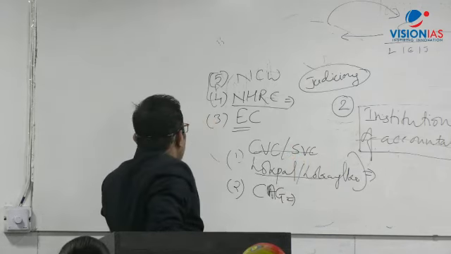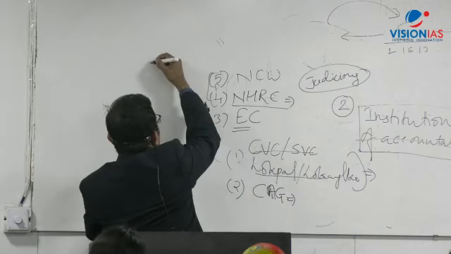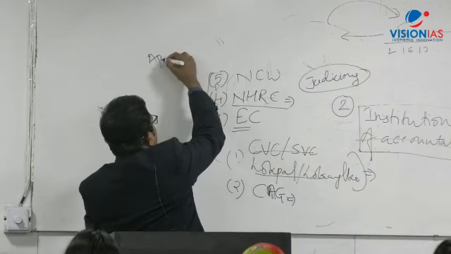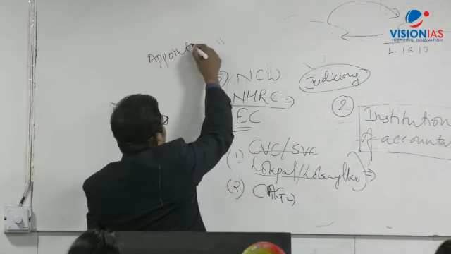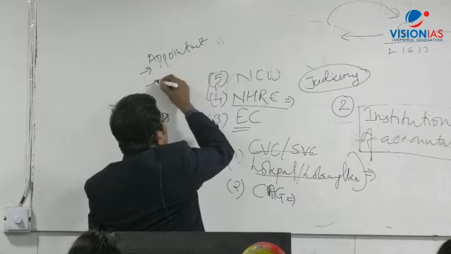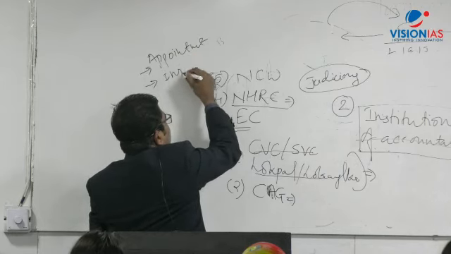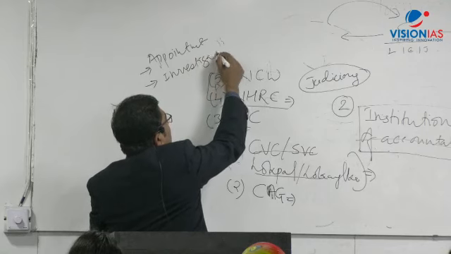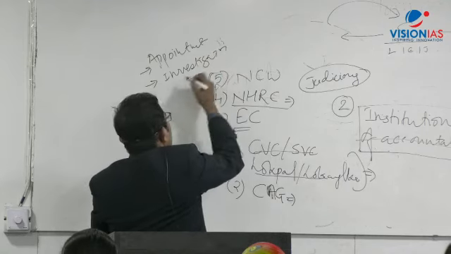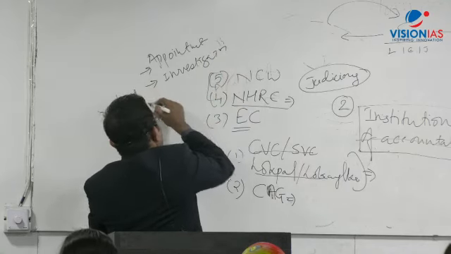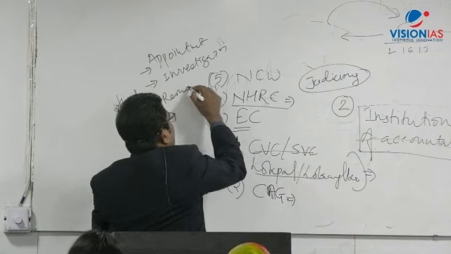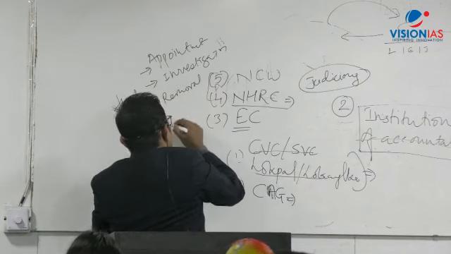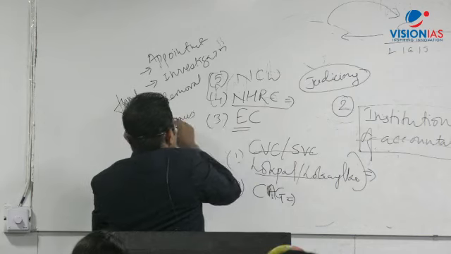Because if you see the power of any institution, you have to see appointment. Just for the sake of understanding, I'm writing this. How is the appointment done? How autonomous is their investigation wing? That is functioning. You can say removal, and for this organization, where the finances are coming from.